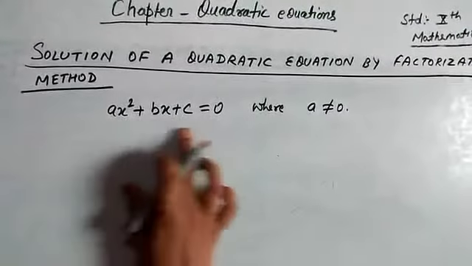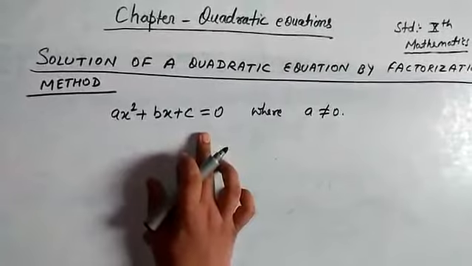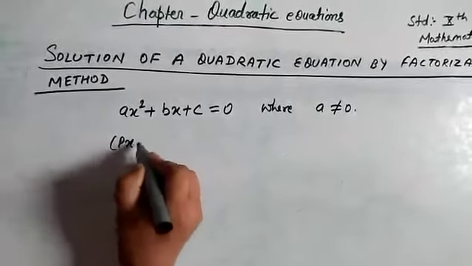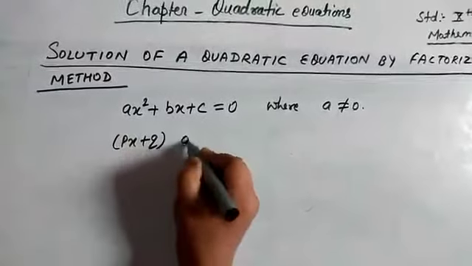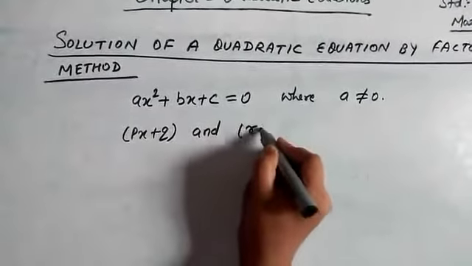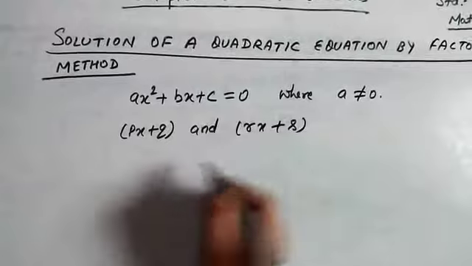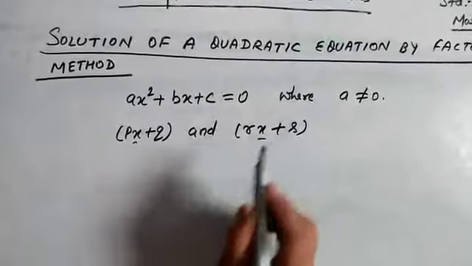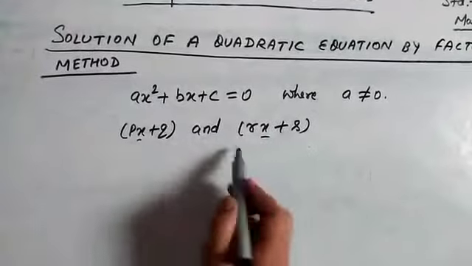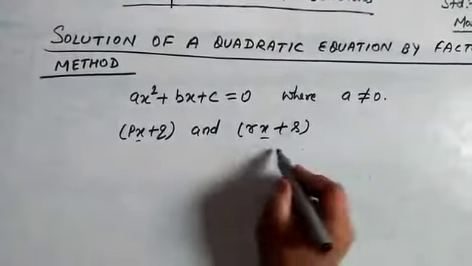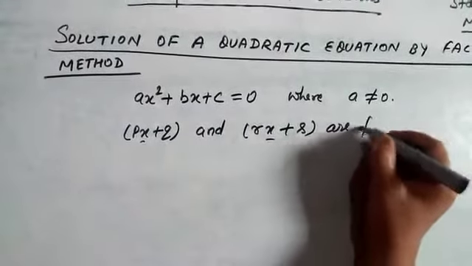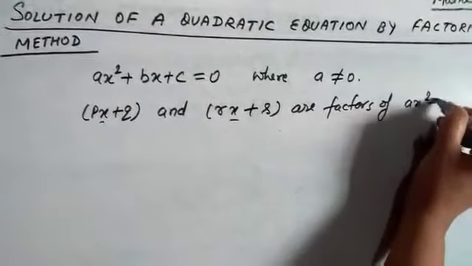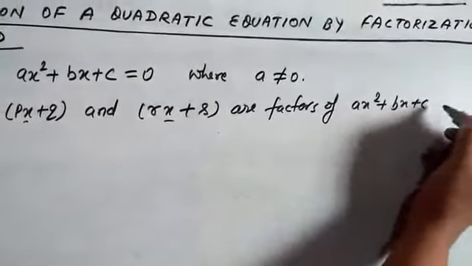So let this quadratic polynomial have two linear factors, say px plus q and rx plus s. We can take any variable, but x we have to take. So let these two be the factors of ax square plus bx plus c.